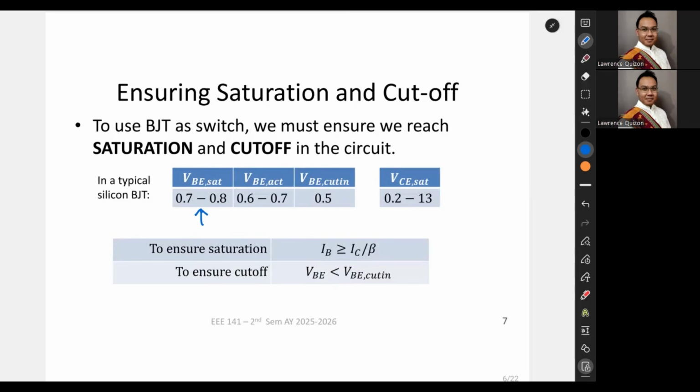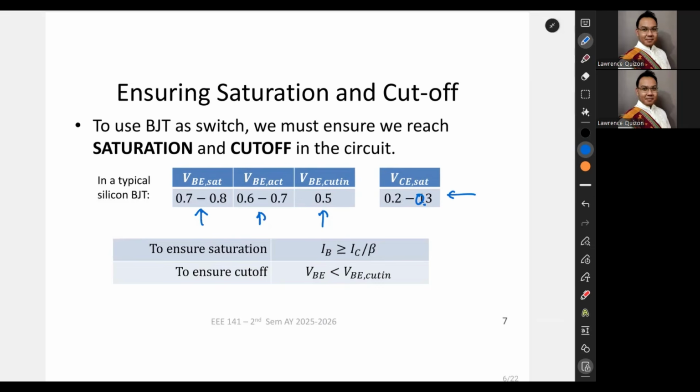This is in contrast with the typical VBE on or VBE active voltage, which is 0.6 to 0.7. And we also define VBE cut-in to be the voltage at which the VBE starts to turn on the BJT. And we also have VCE sat, which is about 0.2 to 0.3.